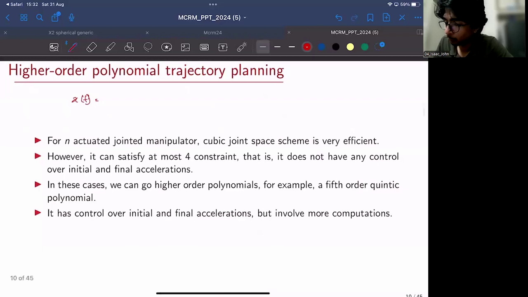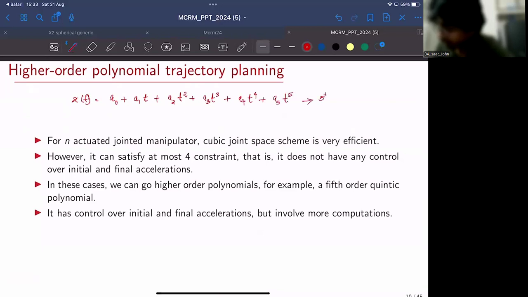So the general form of quintic trajectory planning is something like this: a0 plus a1t plus a2t squared plus a3t cubed plus a4t to the power 4 plus a5t raised to 5. So this is a fifth order, or we call this quintic trajectory plan.